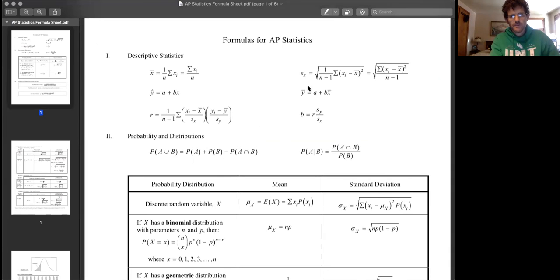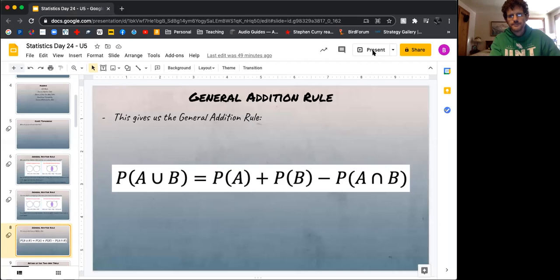Now, this is everything that we learned from our first 3 units. There you go. So this is something else we're going to talk about today, but the general addition rule is available. Let's go back to the presentation and we can move forward. It's good to know what's on there.